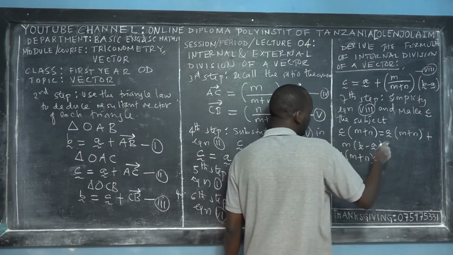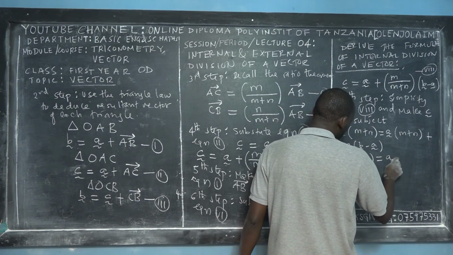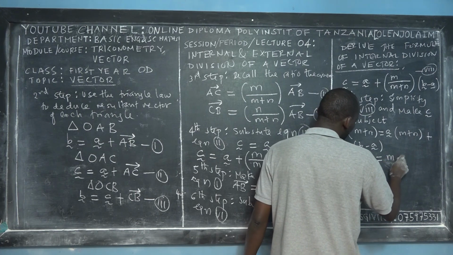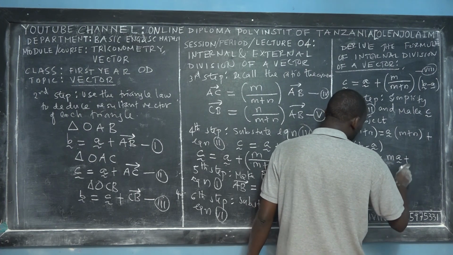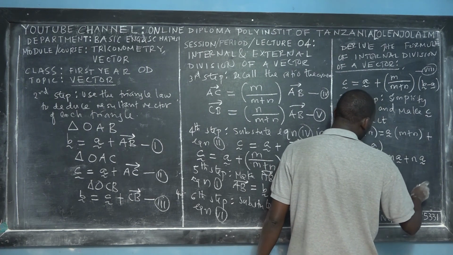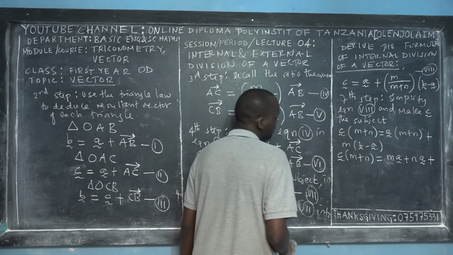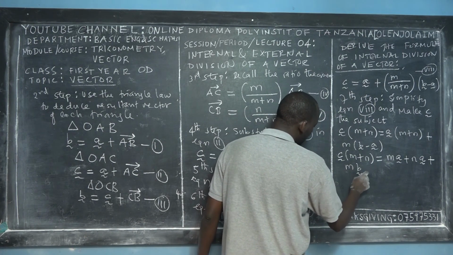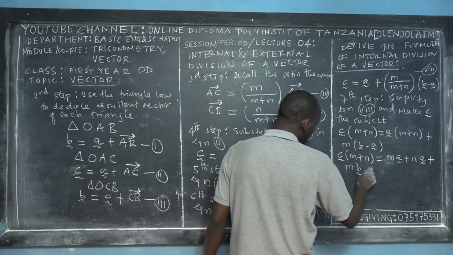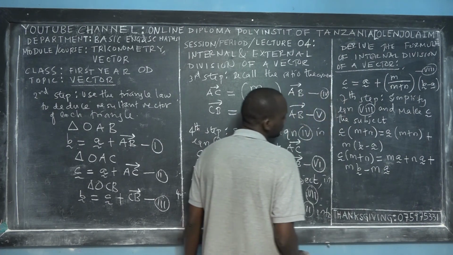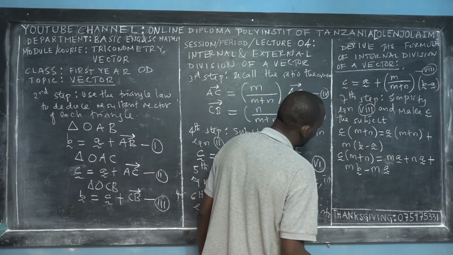If you open the bracket, on this side we are going to have scalar quantity M times vector A plus scalar quantity N times vector A. You see the importance of the concept of scalar. Then you have scalar quantity M times vector B minus scalar quantity M times vector A. Is there any like terms?